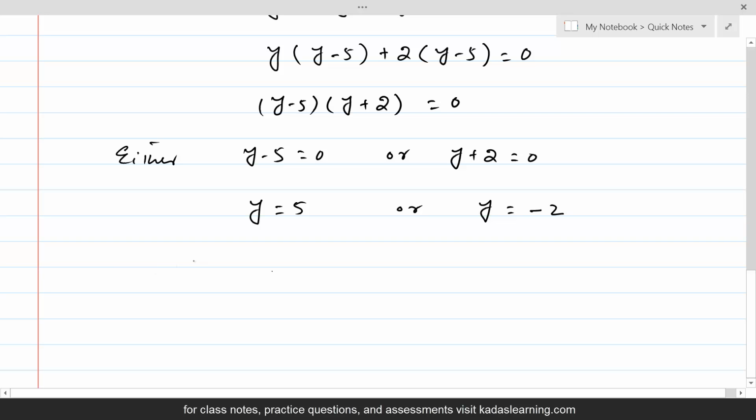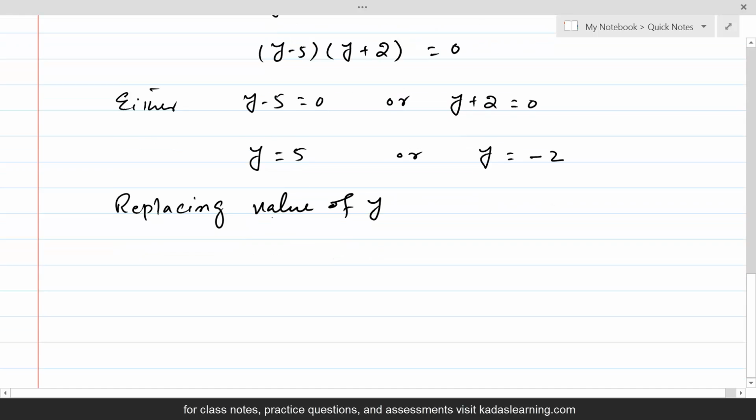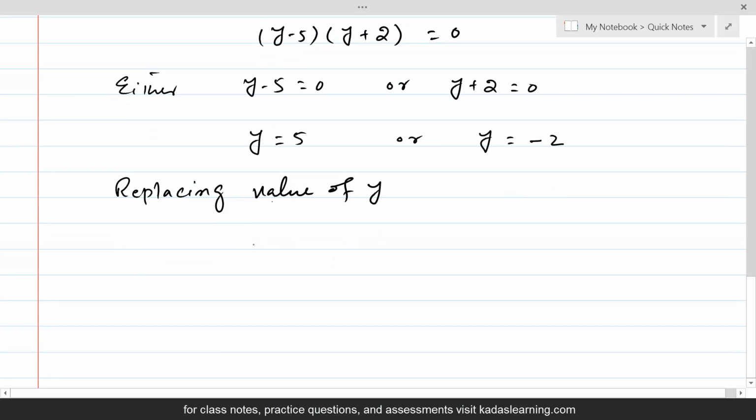Now you remember that y was equal to x^(-1) to begin with. So let's replace that. Replacing the value of y, what we get is x^(-1) is equal to 5, and here x^(-1) is equal to minus 2.